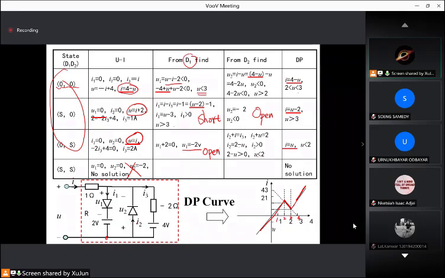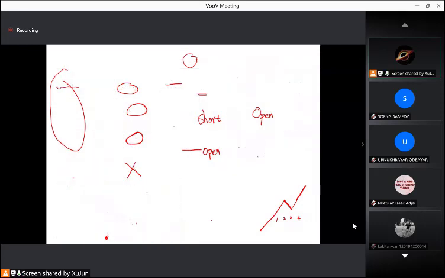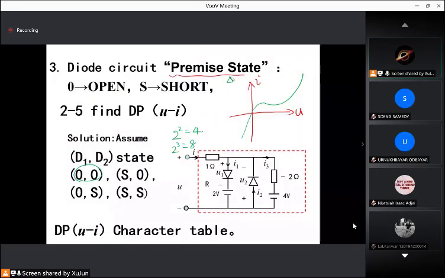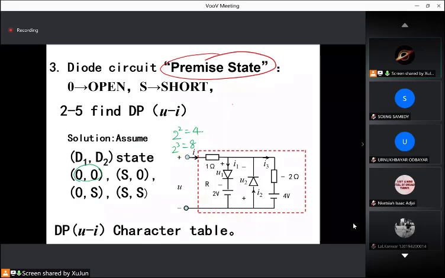This method we call the promise state method. We assume the state of the diodes. If there are 2 diodes, we assume 4 states. If there are 3 diodes, there will be 8 states.